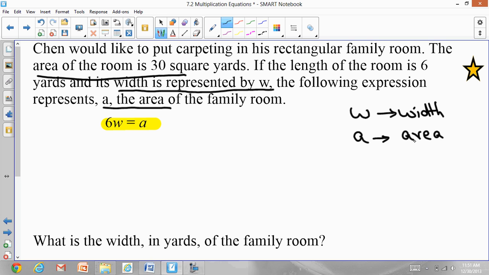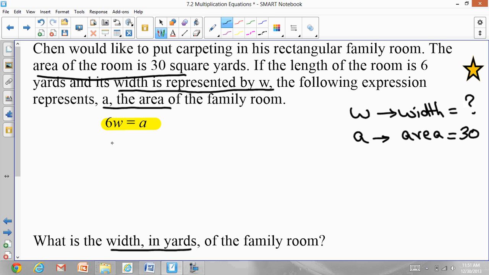So the area, which stands for A, is 30. So they are asking me what is the width. So this is the information that is given to you, W is width, A is area, and by reading the question again, I'm finding that area is 30.